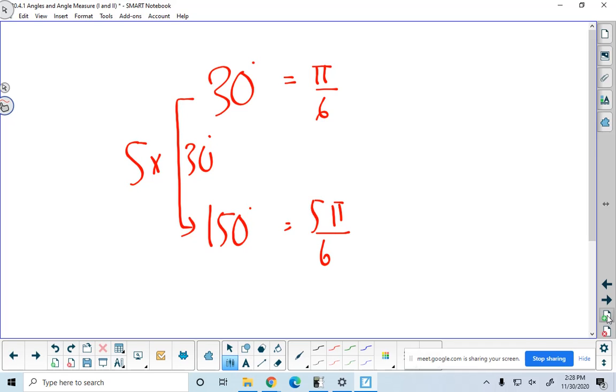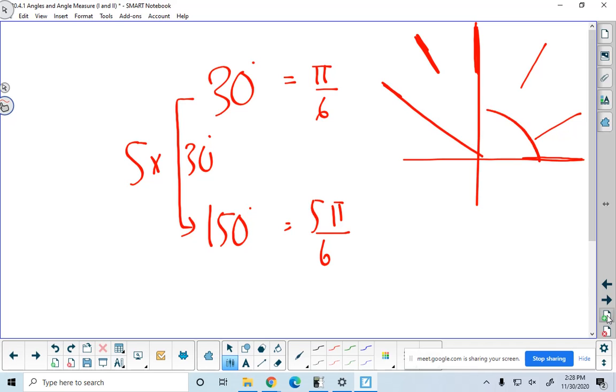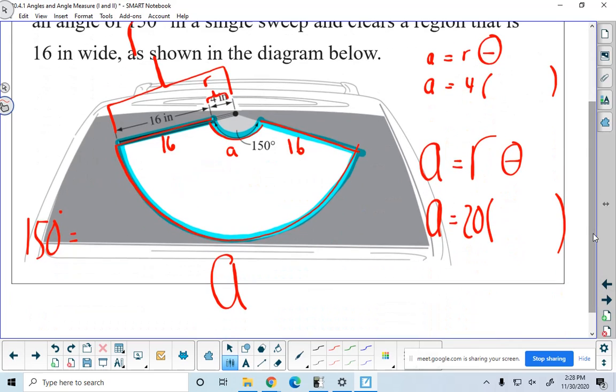You could certainly use a ratio like we did in the first lesson, but I don't think it's necessary. Looking at a circle, there is 1 pi over 6, 2 pi over 6, 3 pi over 6, 4 pi over 6, 5 pi over 6, which is 150 degrees. Okay, so we put 5 pi over 6 in here.